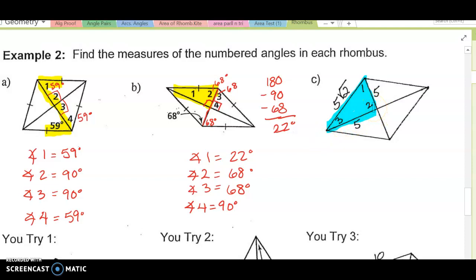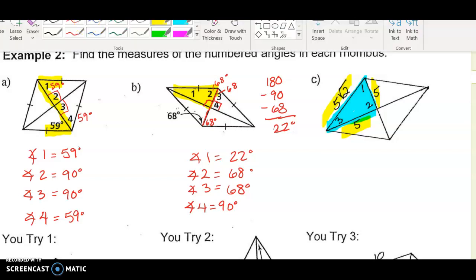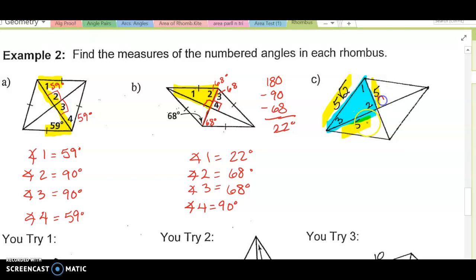But still, what I'm hoping you're noticing is that this is a 45, 45, 90 pattern. We've seen that before, where the pattern is n, n, and n square root 2, which only happens when you have a 45, 45, 90 triangle. So 1 and 3 would both have to be 45 and angle 2 would be 90.